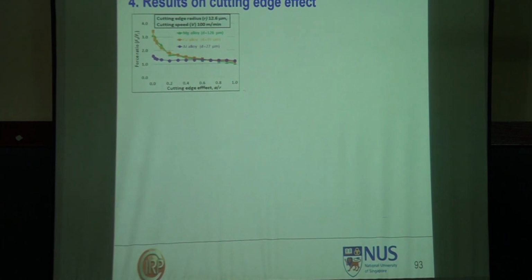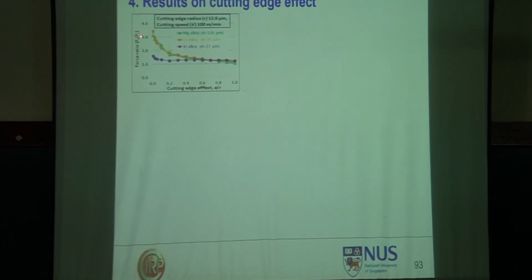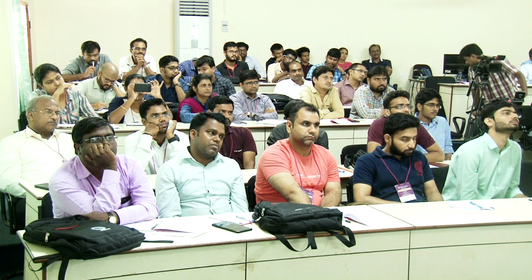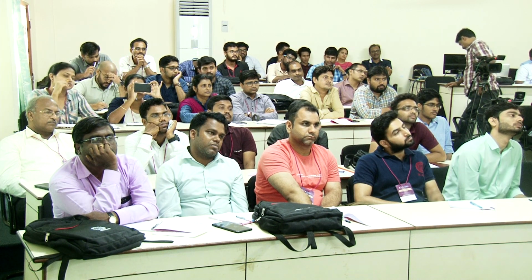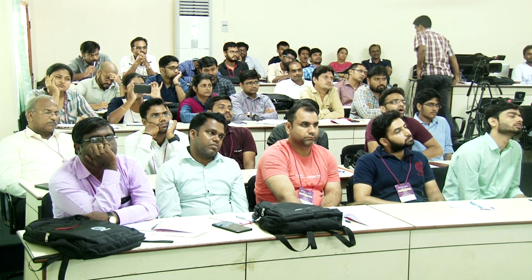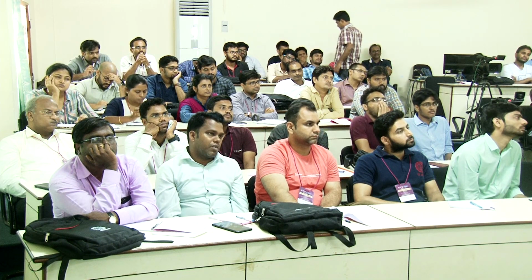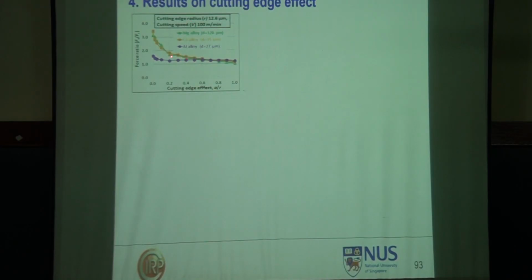Now come to the results. Equations I am not analyzing, the time spent will be unnecessarily too much. Okay, and if you look at the cutting edge effect, considering the cutting force and thrust force, what Un Keng Soon did, following his results, he found out the material properties change around, depending on what material you are talking about.